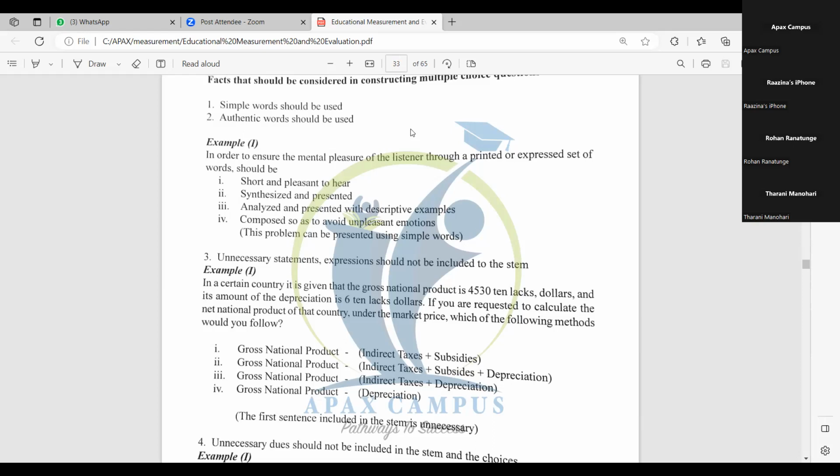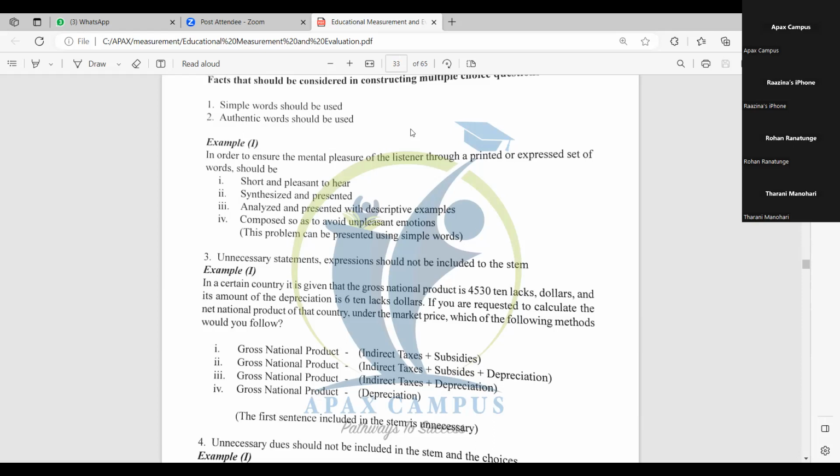In a certain country, it is given that the gross national product is 4,530 lakhs dollars, and the depreciation is 610 lakhs dollars.